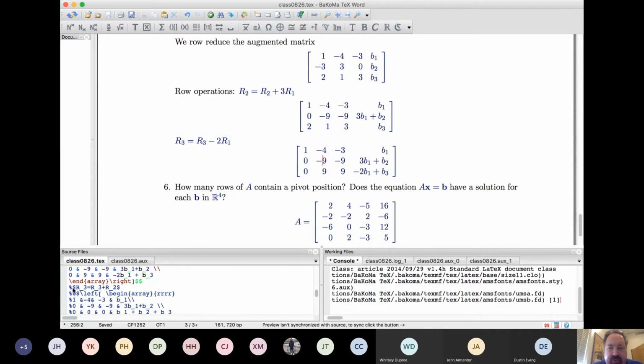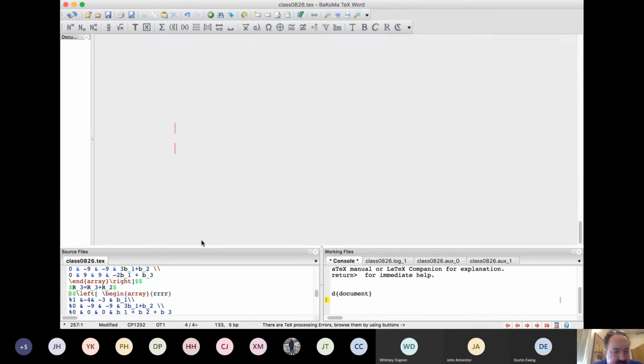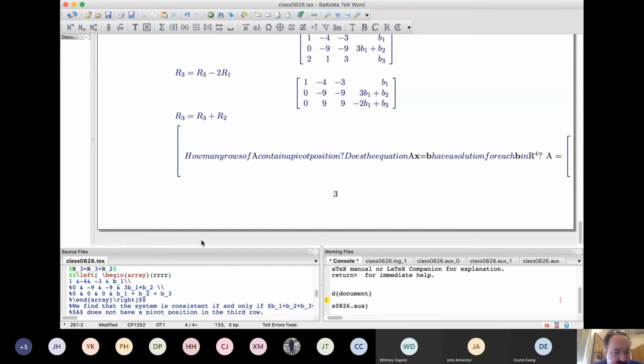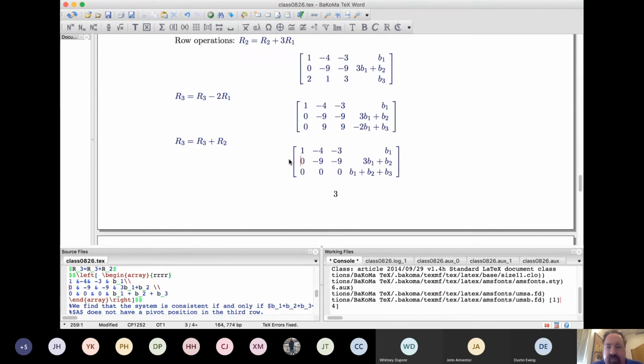So row 3 is equal to itself plus row 2. Okay. And sure enough, because these were parallel, the row operation ends up wiping it out. So we have all zeros down here. So then we add these together also, and what do we get? We get B1 plus B2 plus B3.